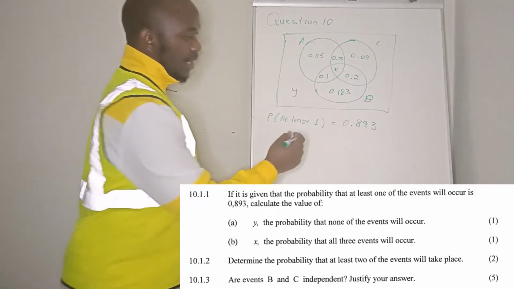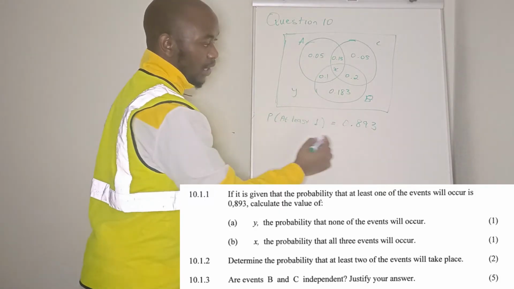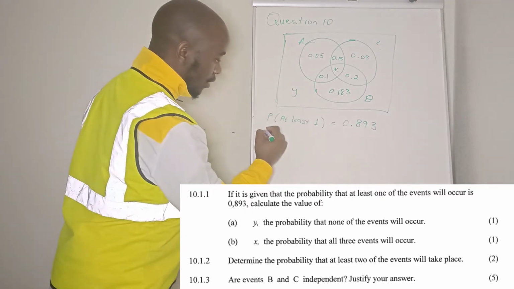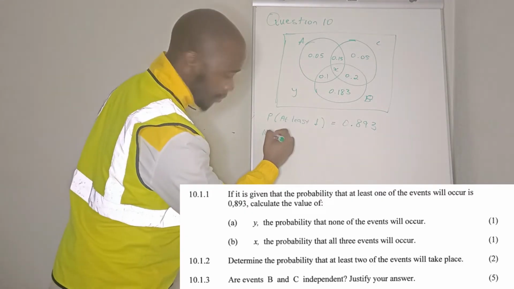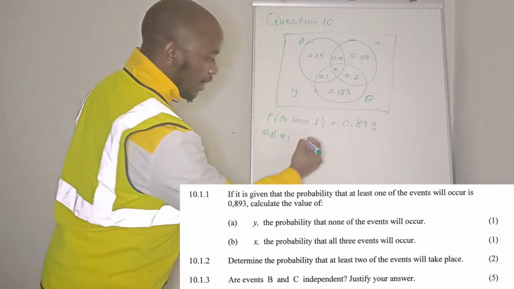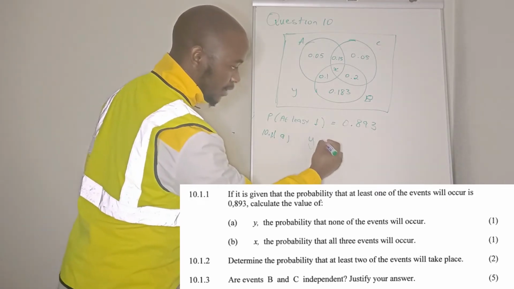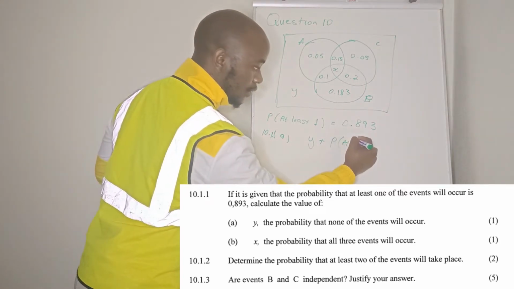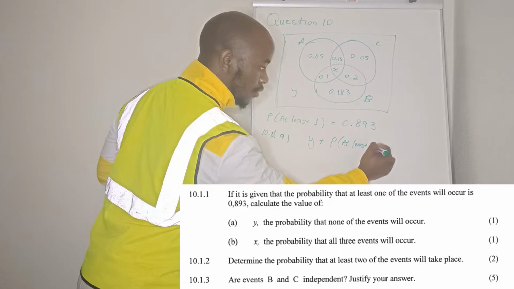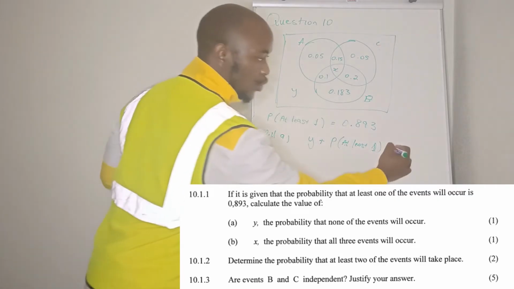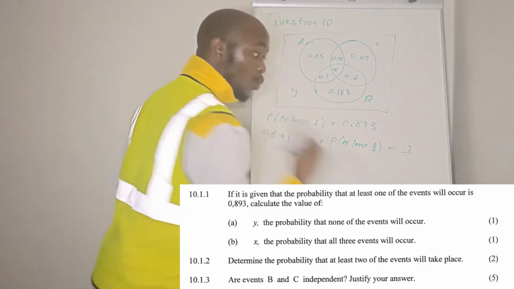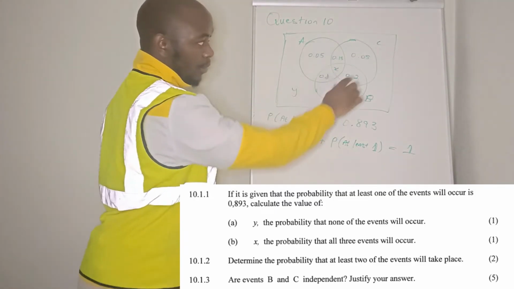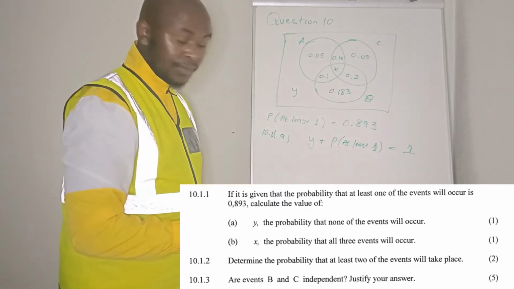So if the probability that at least one of these events occurs is 0.893, it means that if we add Y, 10.1.1a, plus the probability of at least one occurring, they should all give us 1. I repeat, at least one is considering any combination of these events.